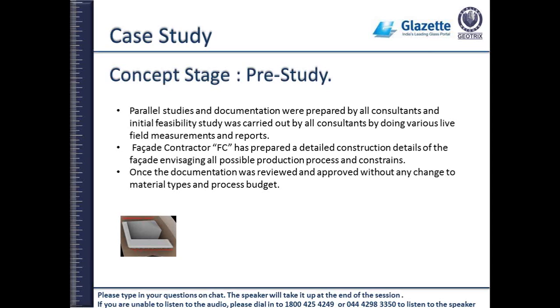It means each panel is different from the others. So we are talking about a massive designer facade which required a lot of work at the concept stage to tell the designer and the client whether it is feasible or viable to be built.